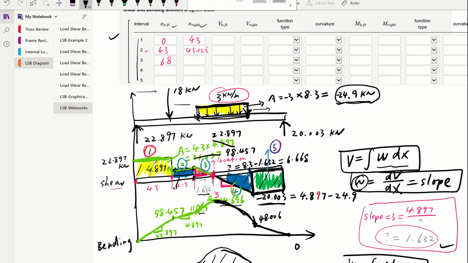That's this point where you start, 6.8. Then we're going to add how much? Yes, this value, 1.632. That's going to be my 8.432. So that's my coordinate x value for that intercept point. Then we start at 8.432 for segment 4. And how much do we add? We add this value, 6.68.